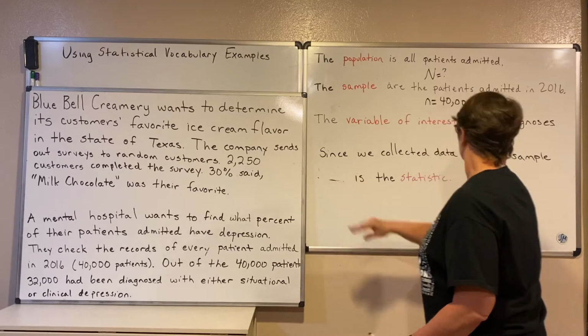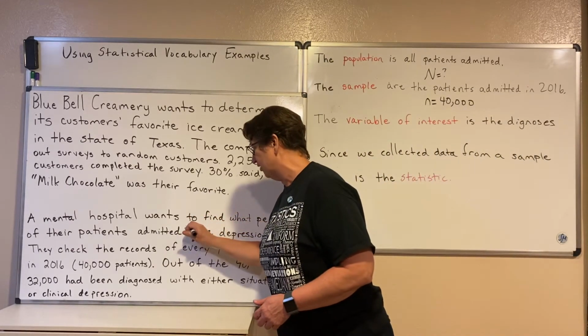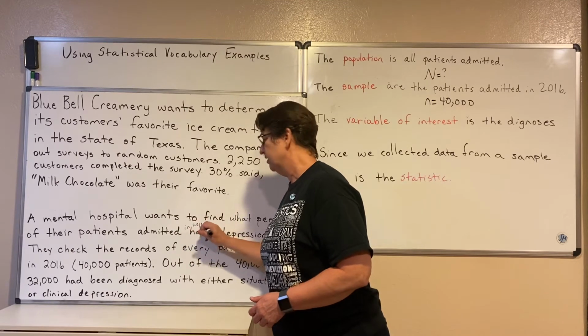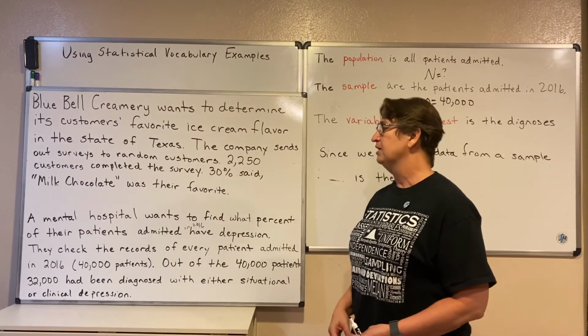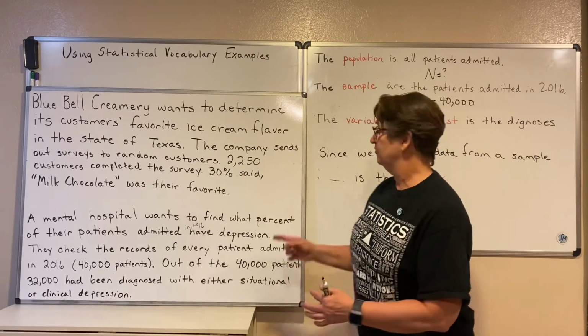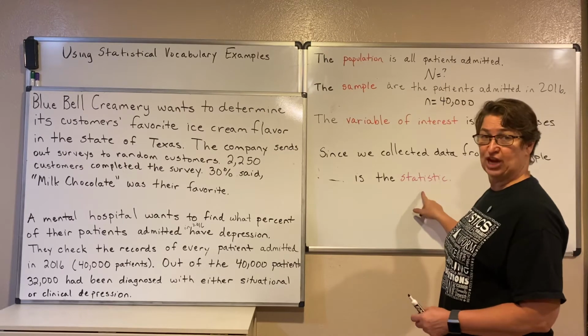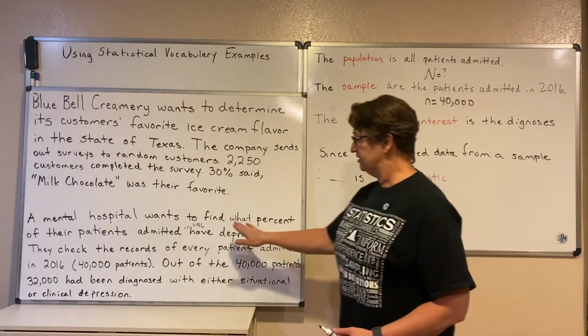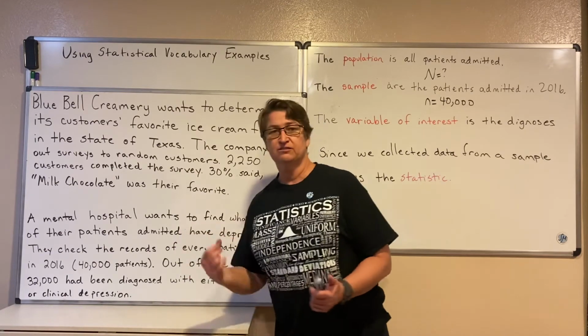If it said admitted in 2016 right there, so that the population was all the patients in 2016, then it would be a census, then that one number would be a parameter. But since our population is all our patients, this is a statistic.